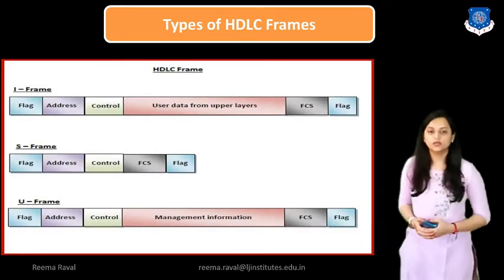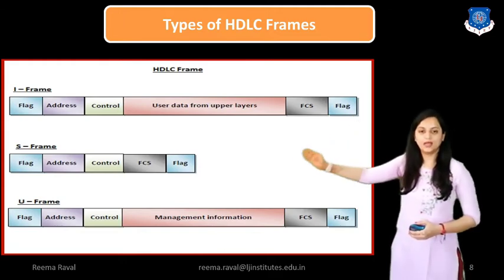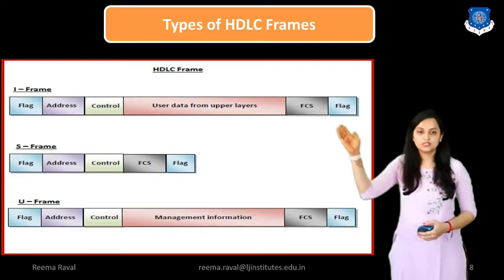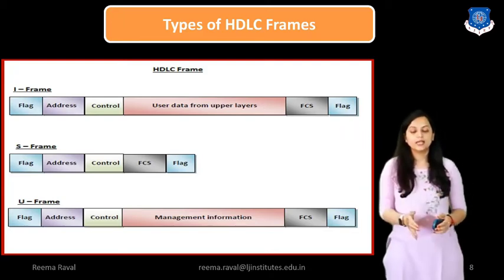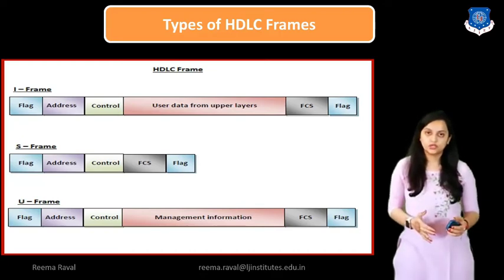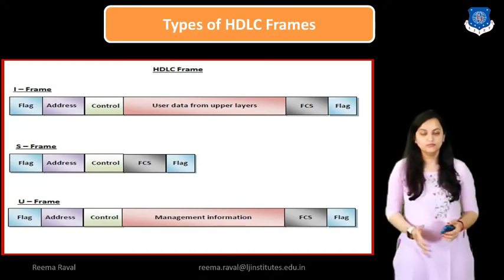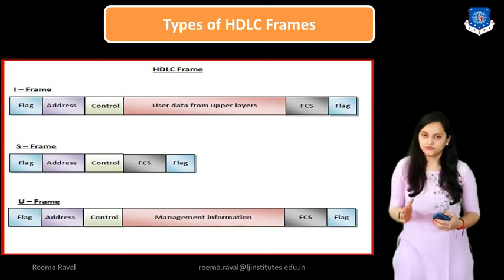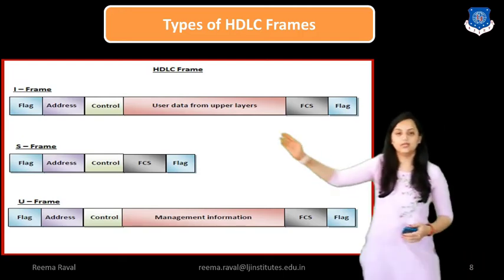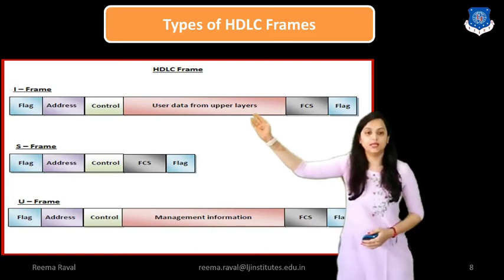Now let us move to the next diagram of the types of HDLC frames. So here the I frame, S frame and U frame are indicated. First of all, see the I frame. So in the HDLC I-type frame, the first and last fields of the frame structure are the flag. Second field is the address field. Third is the control field. And the fourth field is the user data from upper layers.